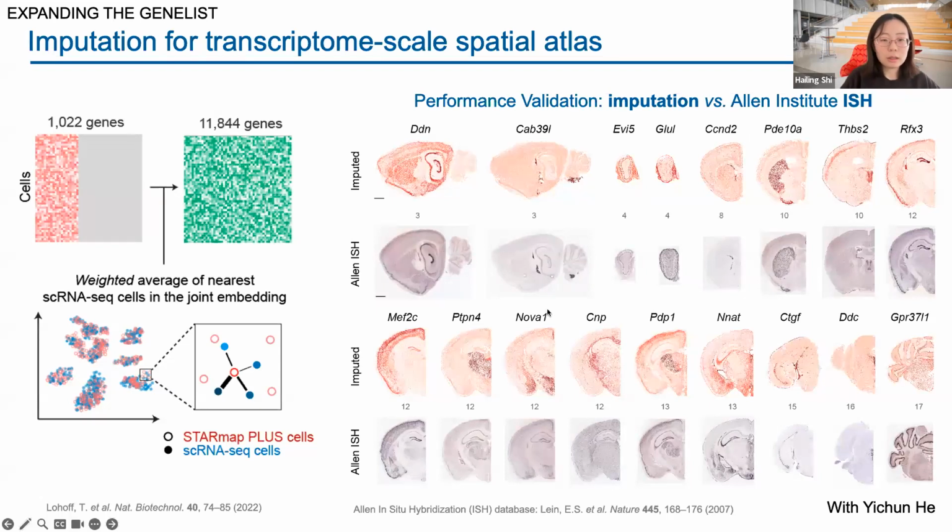For example, NOVA1, a nervous system specific splicing factor, and also this gene CTGF, which is positive both in the deeper cortical layer 6B, and also positive for blood vessel structures.